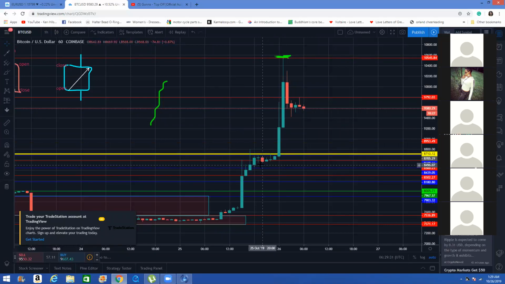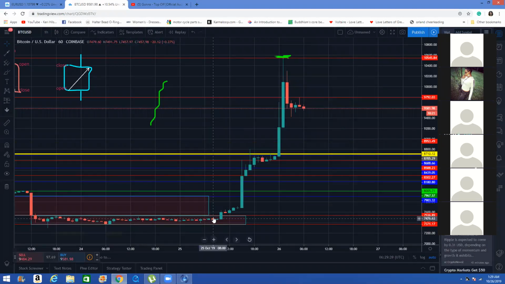So if I was looking at this, actually, we can go to the example of what I did yesterday. It's consolidating, so it doesn't really count, but it is going higher, so it is technically buying. I thought it was going to buy, but with Bitcoin I don't want to chance it.